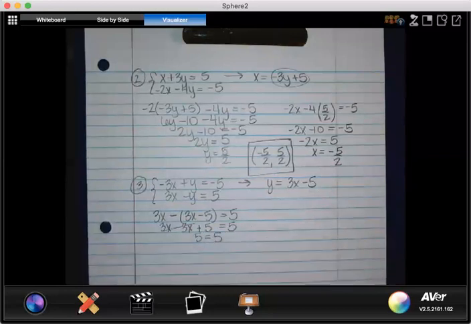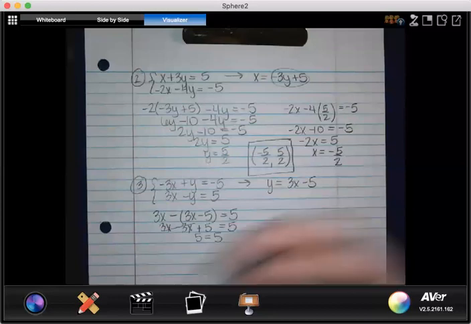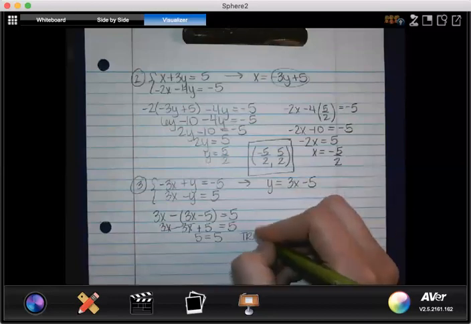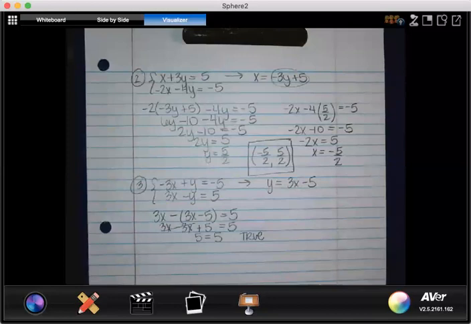Right, now this is going to be a special case scenario. What do you think is going to happen if we have 5 equals 5? Well, first question, is it a true or false statement? Hopefully you said true. It is a true statement, right? So if it's a true statement, what do we think would be our special case scenario? Okay, well, if you think back to when we were doing graphing, we had 2 special case scenarios.